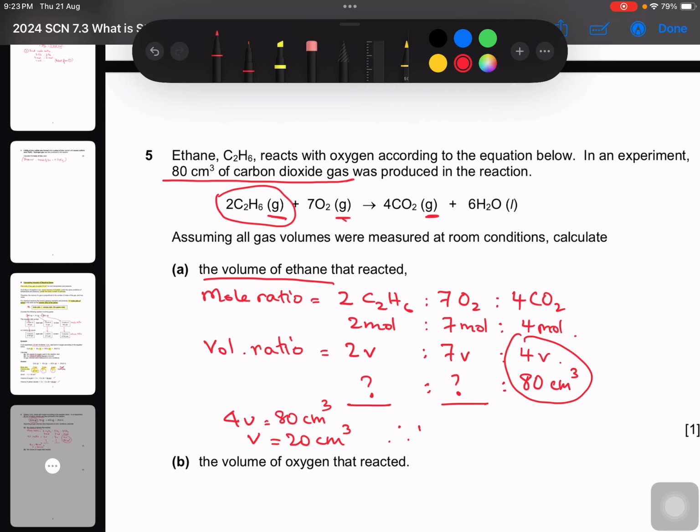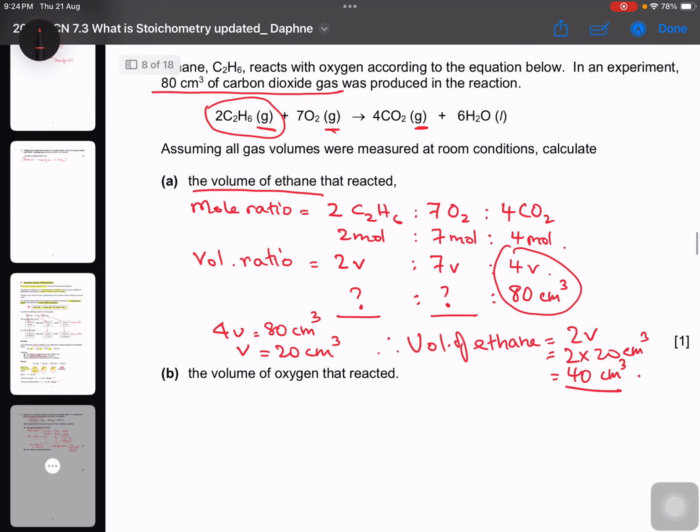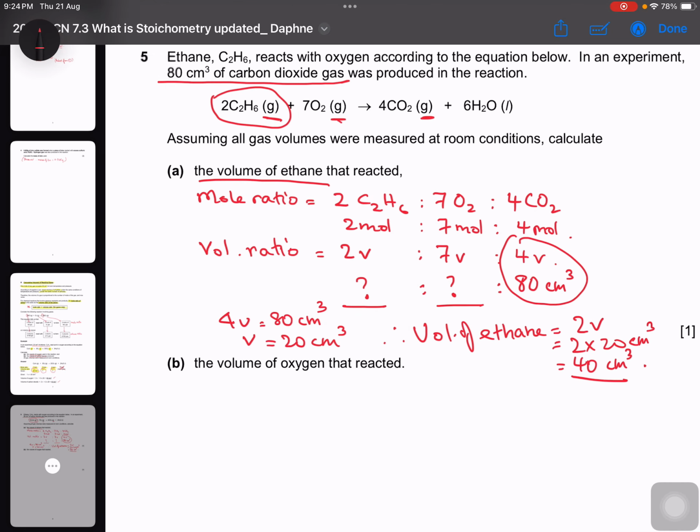From here, 4V equals 80 cm cube, so V is equal to 20 cm cube. Therefore, the volume of ethane is 2V, which is 2 times 20 cm cube. Is that okay? Next, the volume of oxygen.